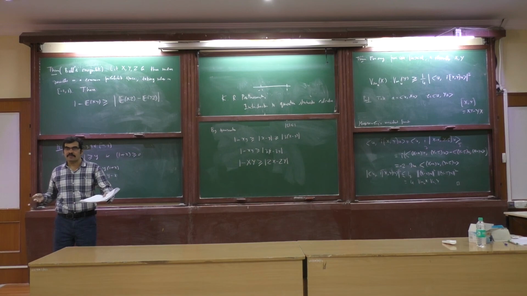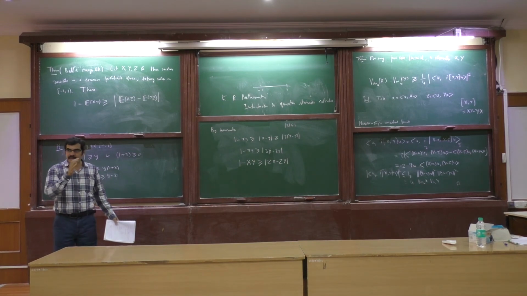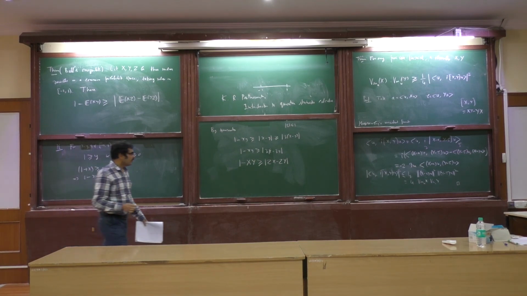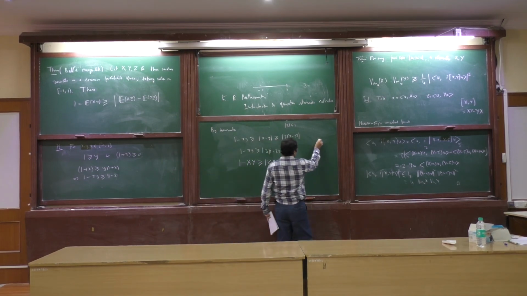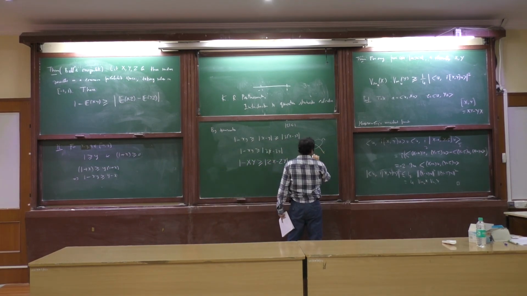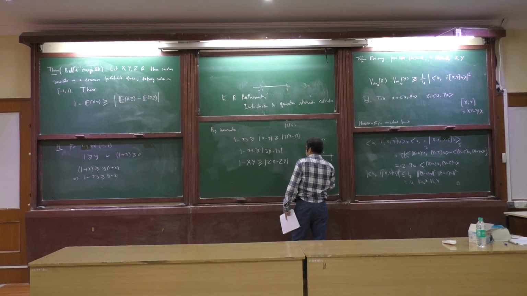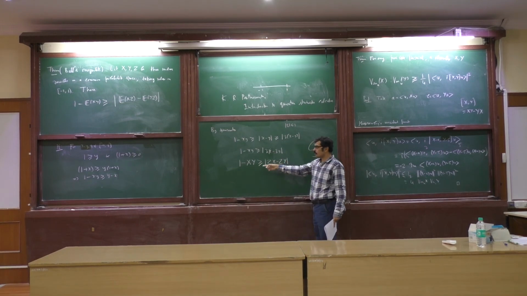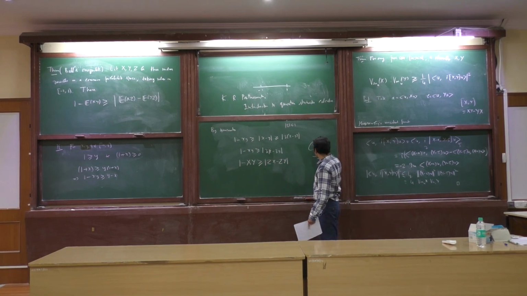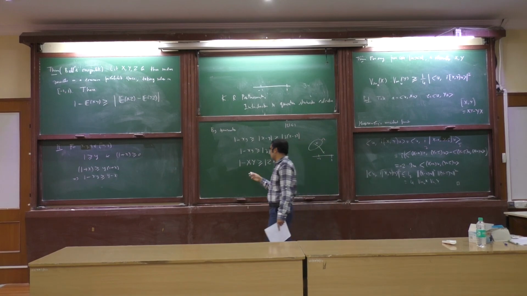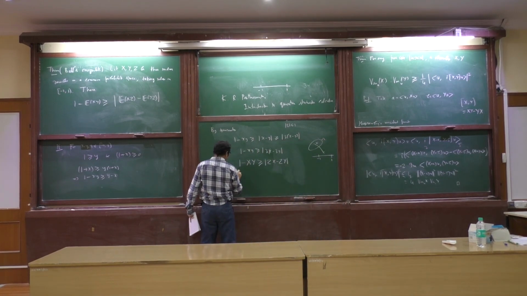Random variables are functions taking values in the interval minus 1 to 1. So all these random variables x, y, z are functions from some omega taking values in minus 1 to 1. So if this is true for real numbers, it's also true for these. All this means is that at every omega you have this inequality. So if that is the case, then I can take the expectation and the same inequality holds.